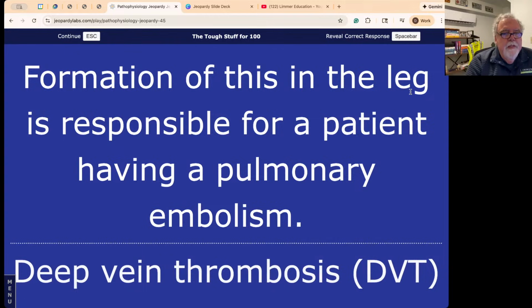The correct answer is a deep vein thrombosis, or a DVT. How does this fit into pathophysiology? If you have somebody with a sudden onset of significant difficulty breathing, you might want to ask them if they've been in a cast, if they've been immobilized at all, if they've had any things like that. Now, there's two types of a pulmonary embolism. They're classified as massive, which you basically drop dead from.